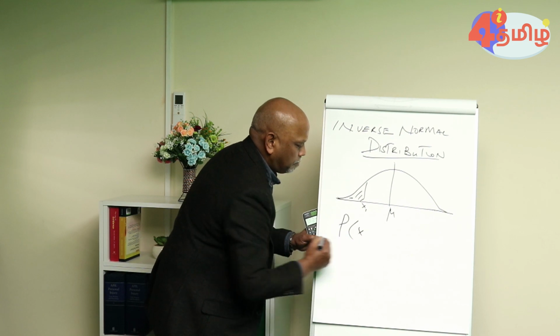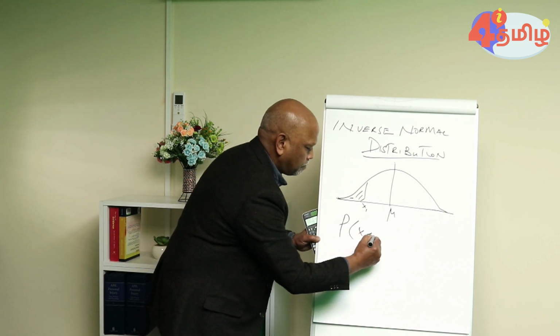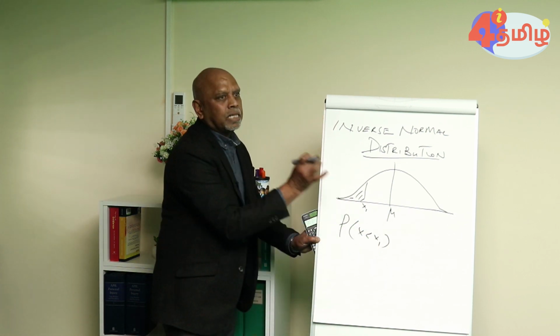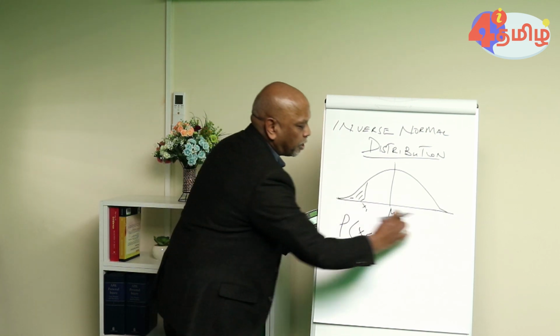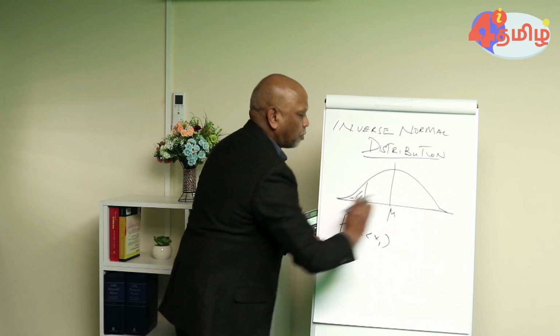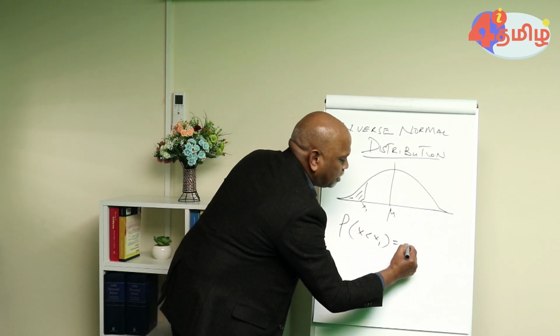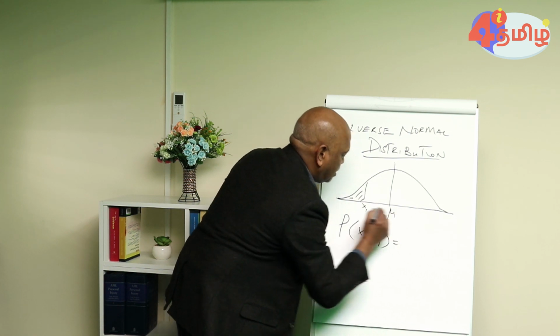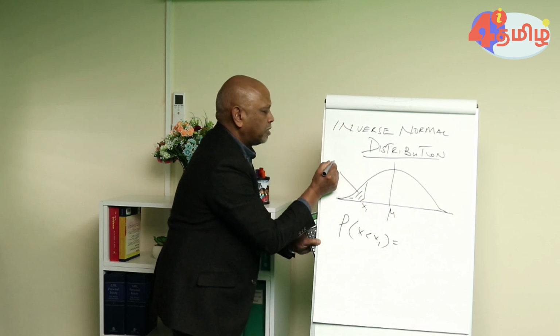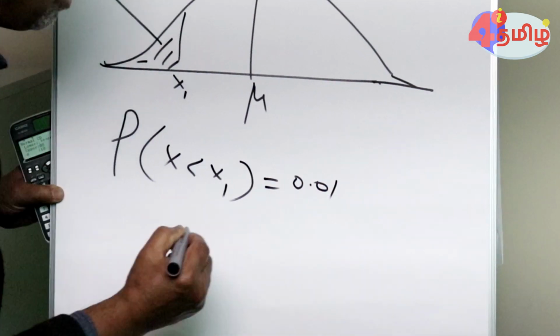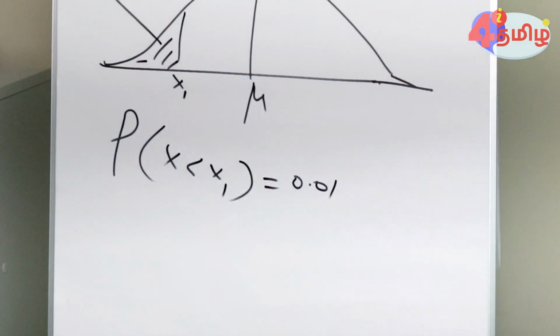As I said before, x less than x1. x1 is the fixed value. X is the variable, wherever from 0 to wherever. The probability is given as 10%, which means 0.10.